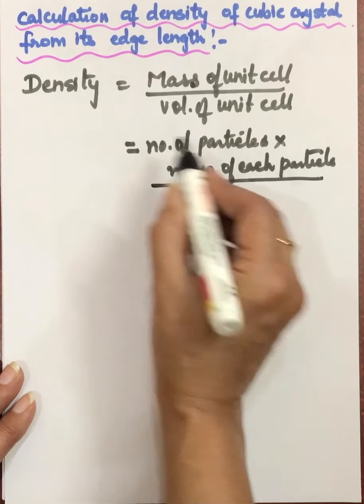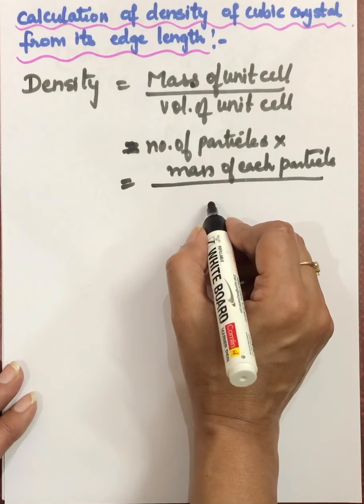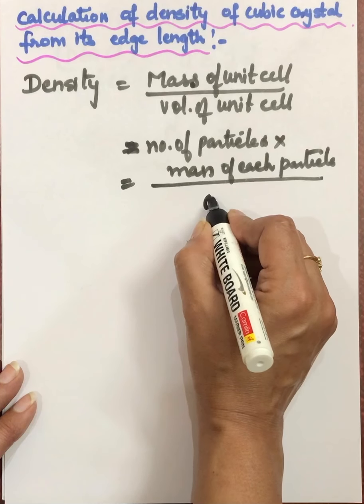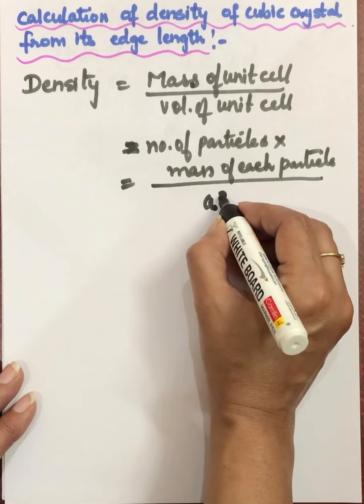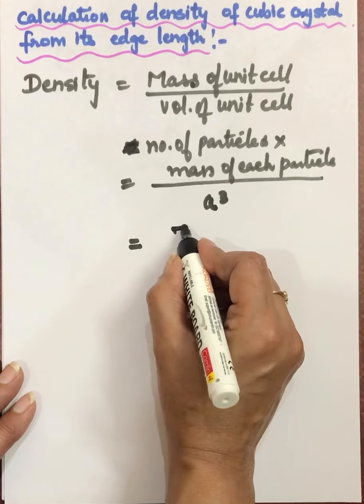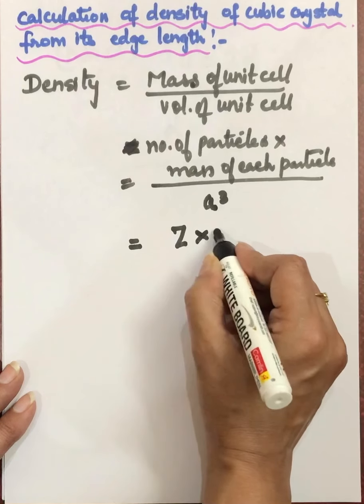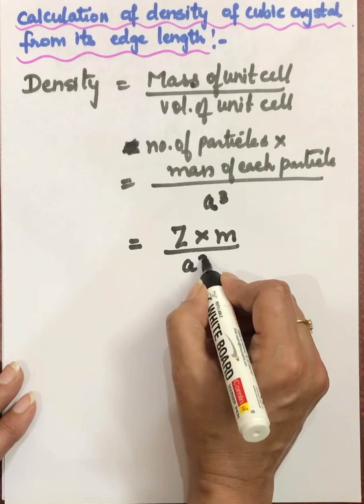And volume of unit cell is equal to, since we are taking a cubic crystal, one side of unit cell is A, edge length, so volume will be A cube. Number of particles we are taking Z, mass of each particle we are taking as M, and this is volume.